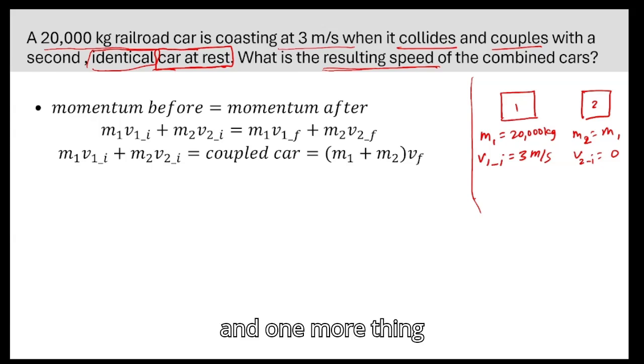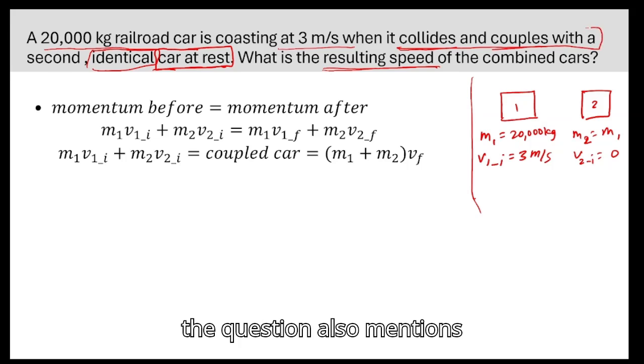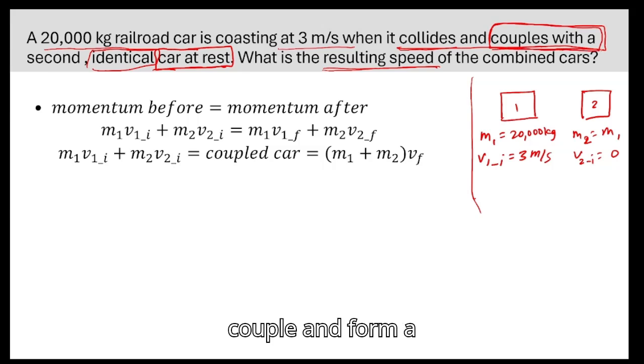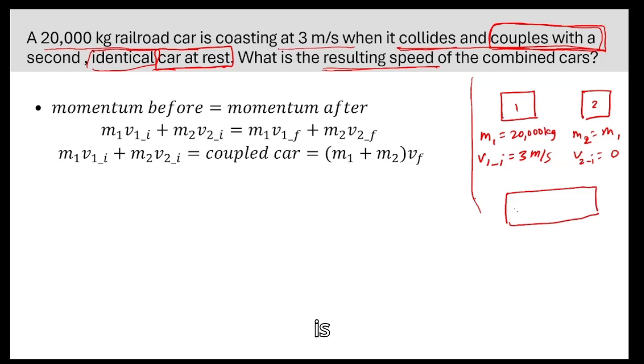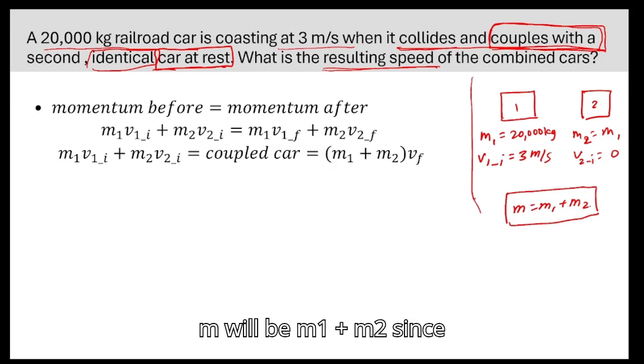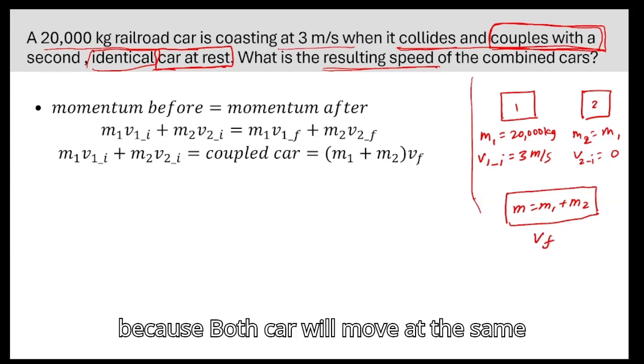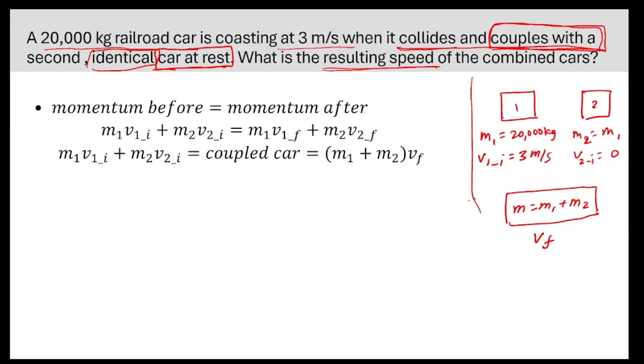And one more thing is that the question also mentions after the collision the two cars will couple and form a single car, that is, m will be m1 plus m2. Since these two cars are coupled as one car, we will have only one velocity because both cars will move at the same speed because they are coupled together.